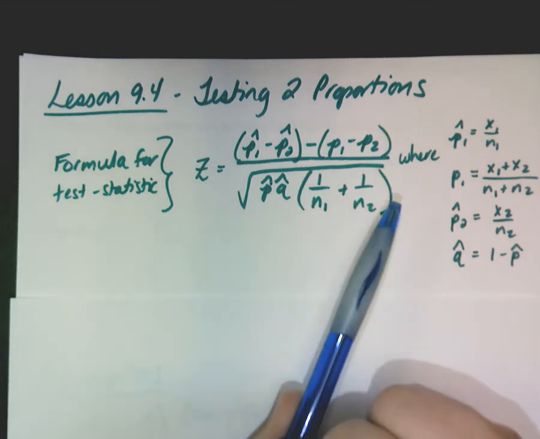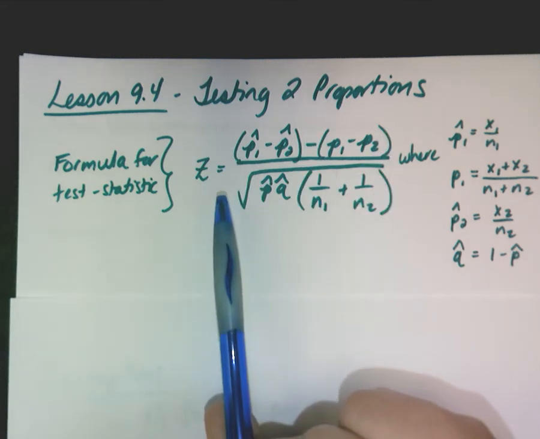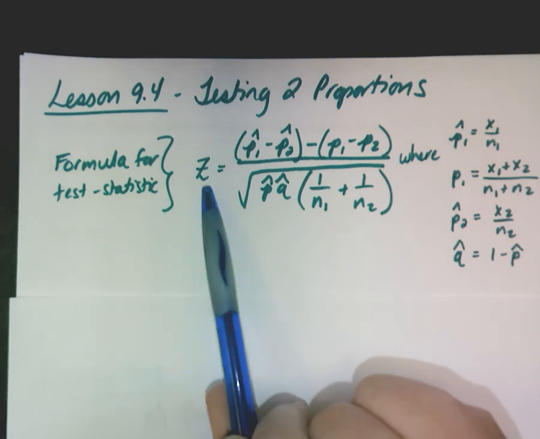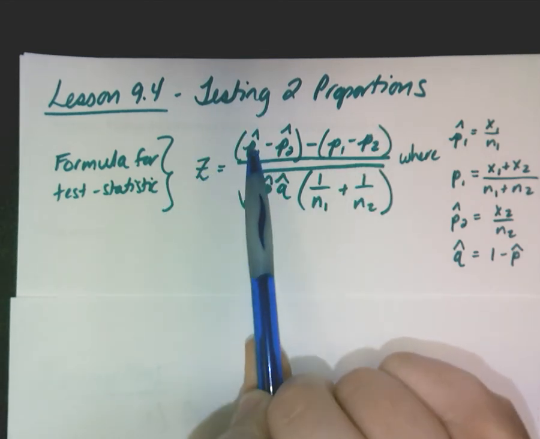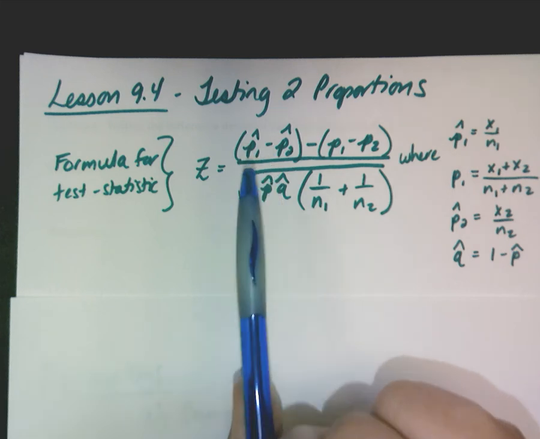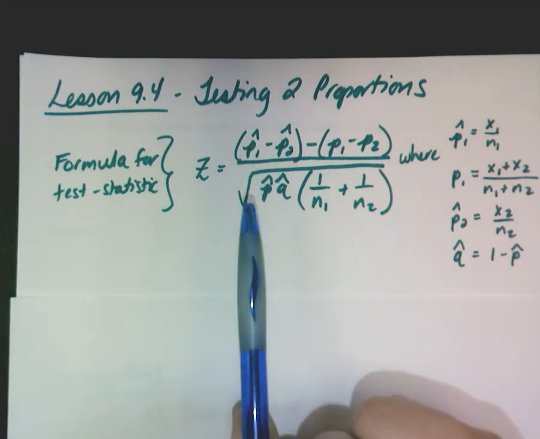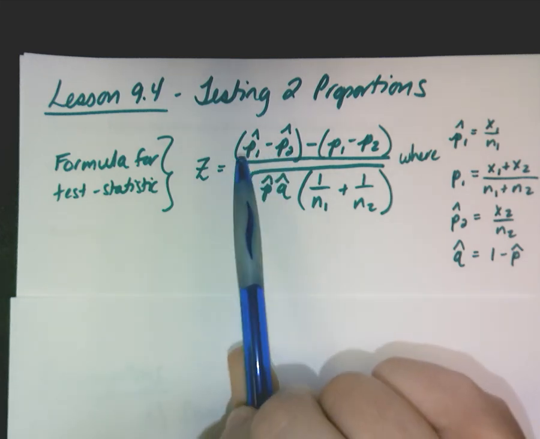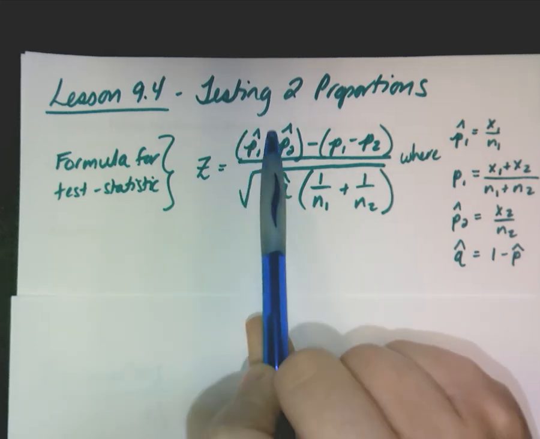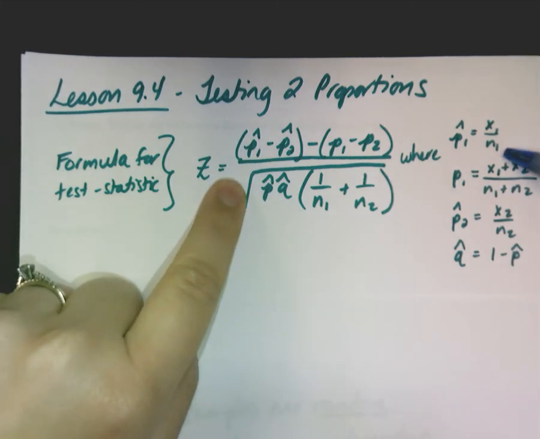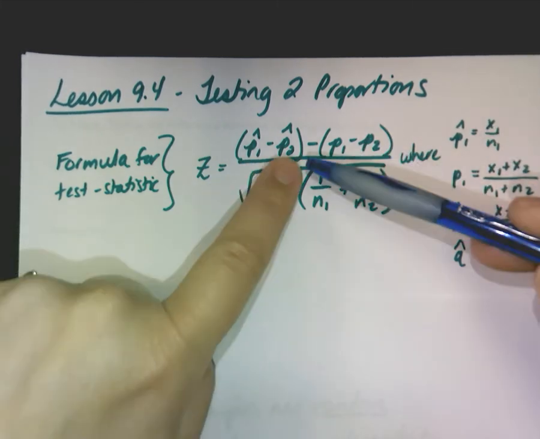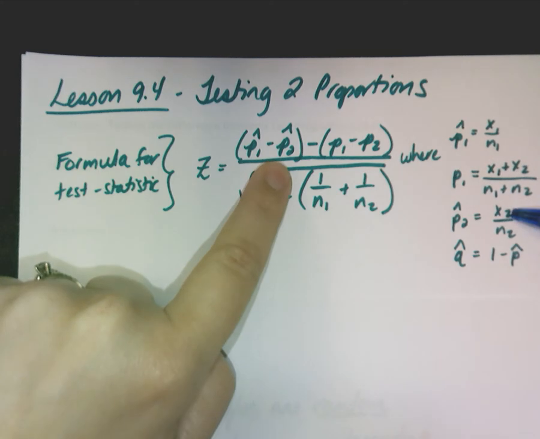I mean, look how complicated it looks, but really, what is it saying? Your test statistic, Z, for testing two proportions would be P1 hat. So again, you have two different percentages here, percent of boys to girls, whatever. And this would be from your sample, X1 over N1. Your first sample, let's say boys. This would be from your second sample, X2 over N2.